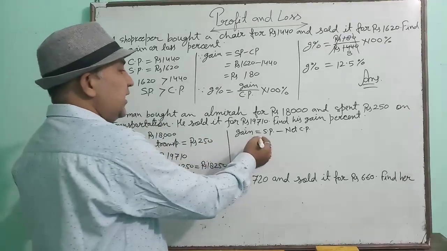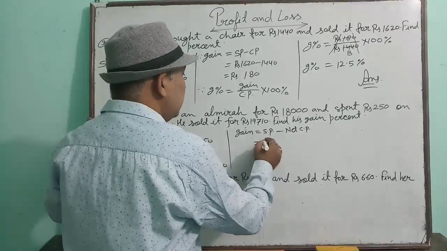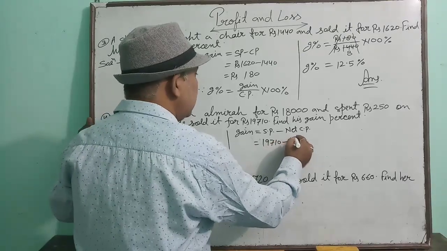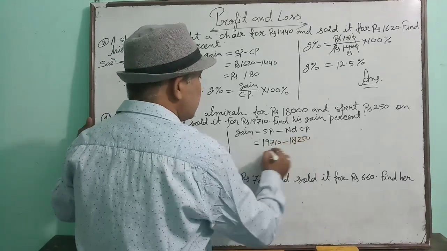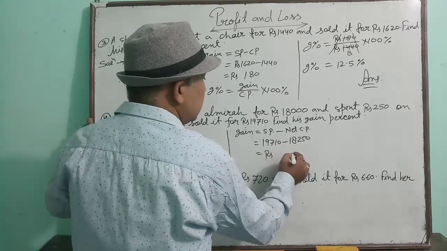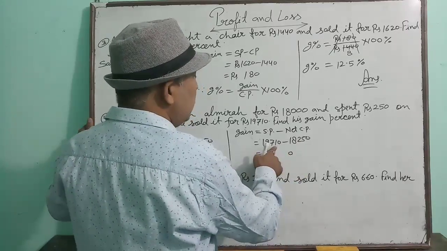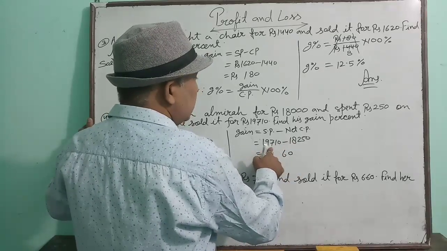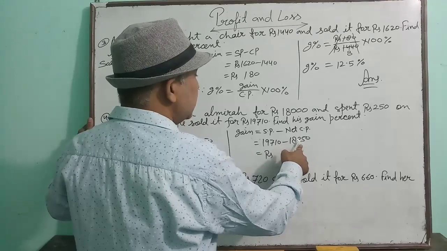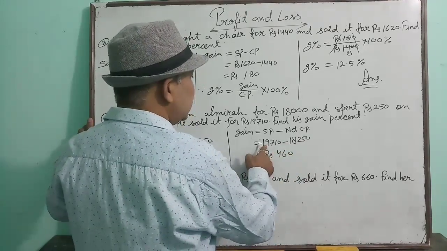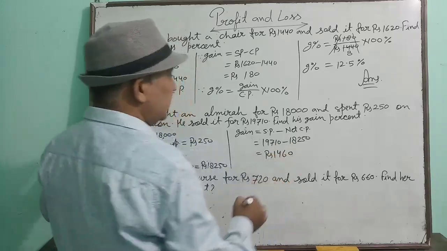Okay. So here gain is equal to 19,710 minus 18,250. That means 0 minus 0 is 0, 11 minus 5 is 6, 7 minus 6 minus 2 is 4, 19 minus 18 is 1.